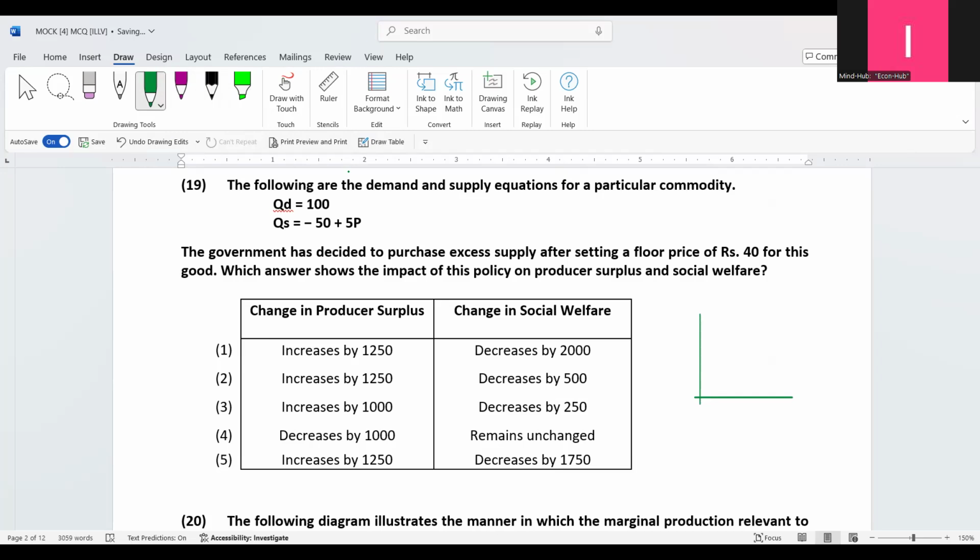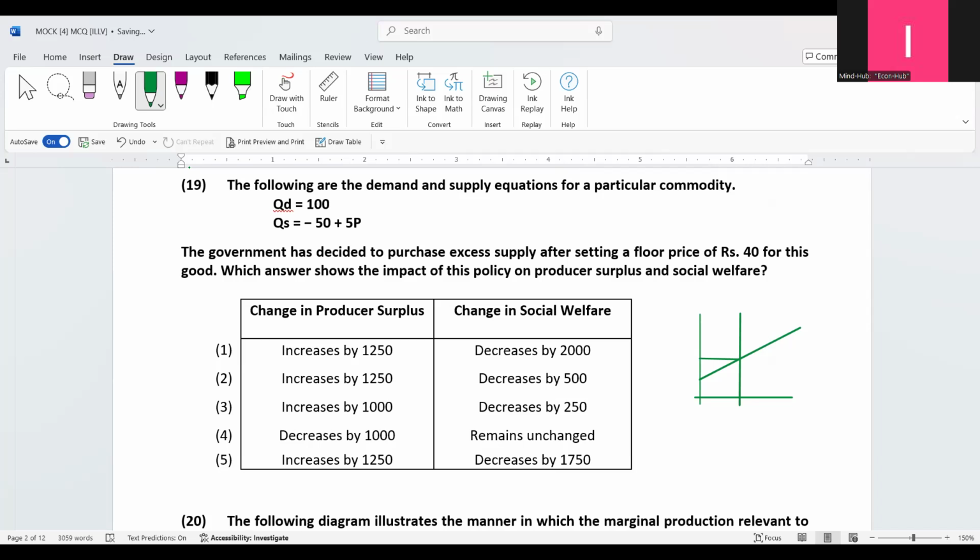We'll have a perfectly inelastic demand curve, something like that, and an elastic supply curve, something like this. Then we will have an initial equilibrium price here.